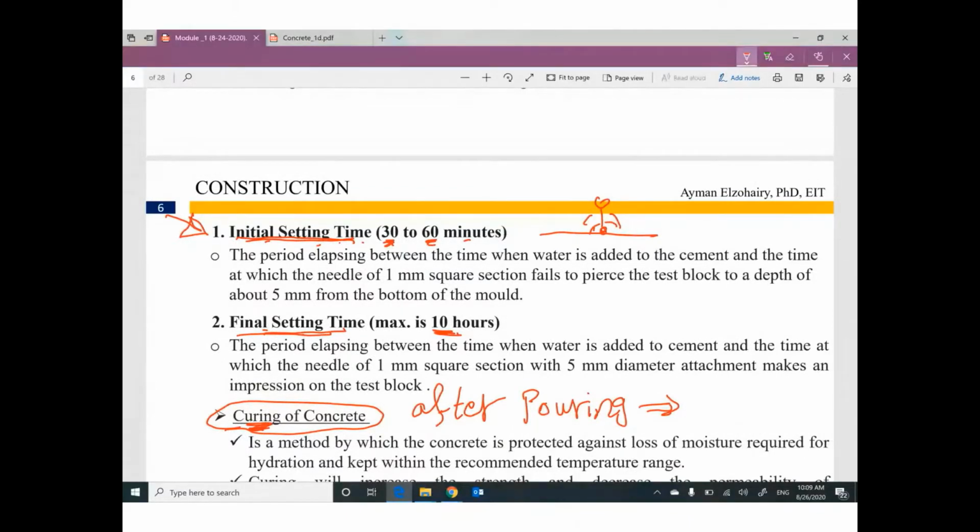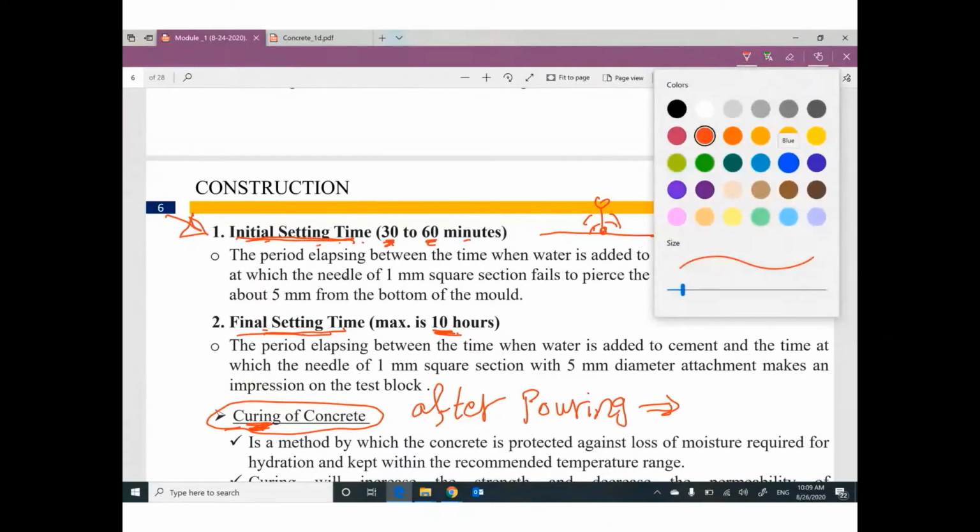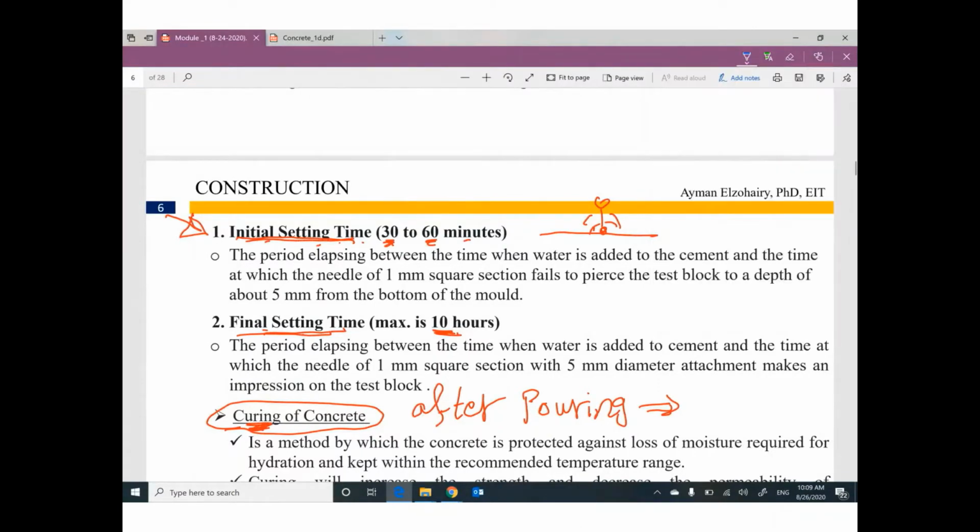For example, if you are constructing a building in Commerce and the concrete will be prepared in Silver Spring, probably we have at least 20 to 30 minutes traveling from this city to another city. So we need to be sure that the concrete will not set, because initial setting means concrete is not a liquid anymore.